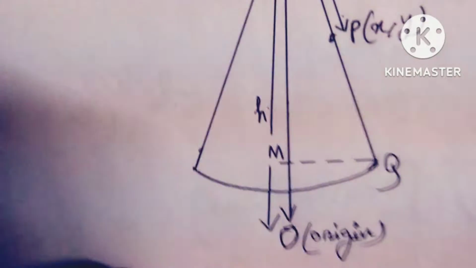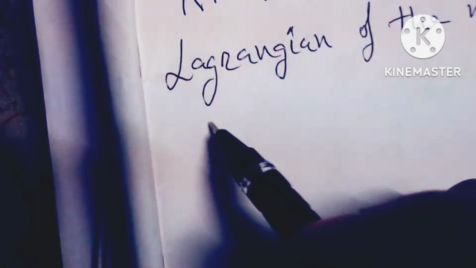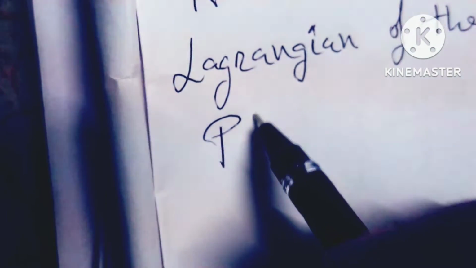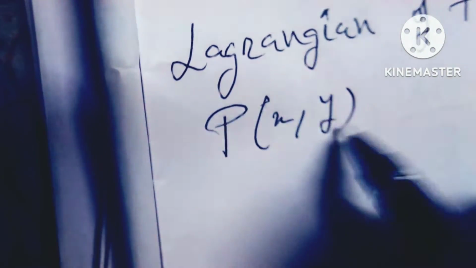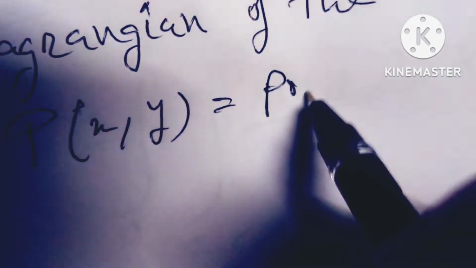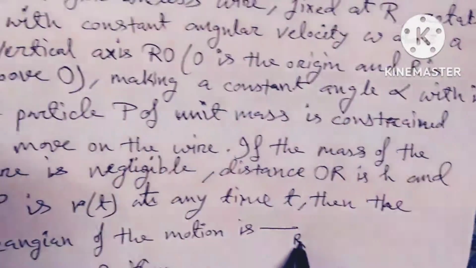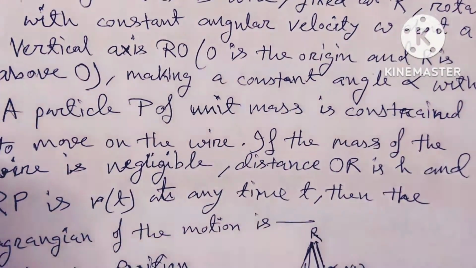So let P(x, y) be the position. This is the point R, and this is RO.